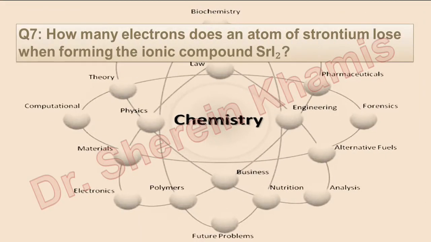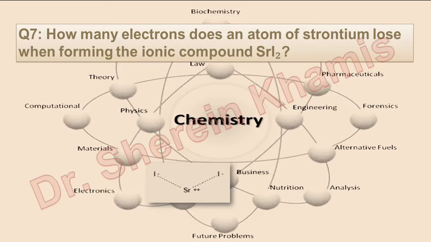Okay, question number 7 says: how many electrons does an atom of strontium lose when forming the ionic compound SrI2? When we look at strontium, we notice the chemical formula SrI2.